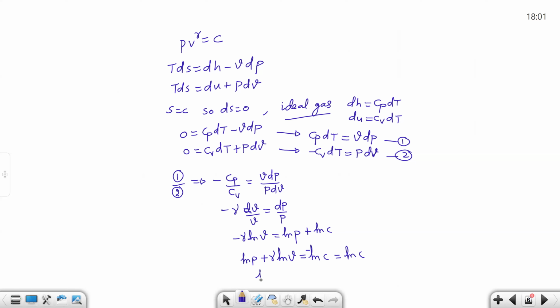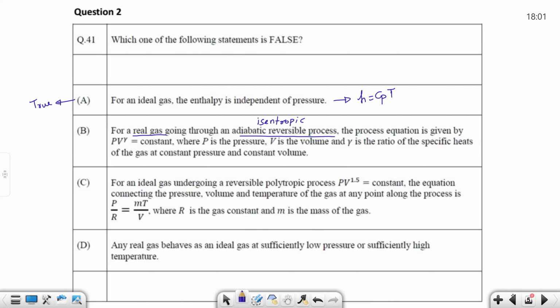So ln of PV^gamma equals ln C. This gives you PV^gamma constant. So here the important point is the ideal gas assumption. We assumed an ideal gas. So this will be the false statement, because PV^gamma constant is valid for an ideal gas, not for a real gas. So this is false.